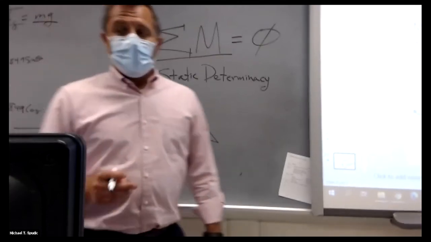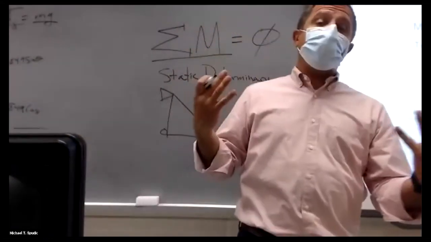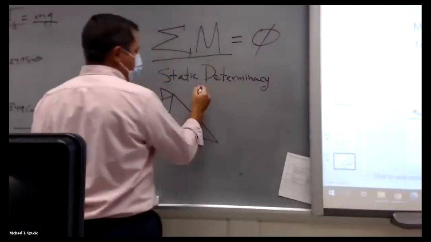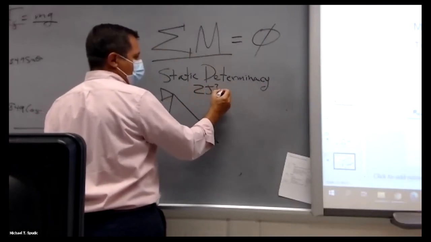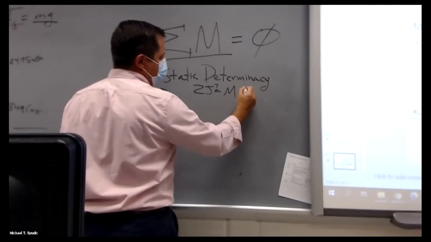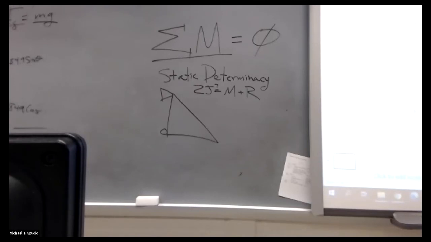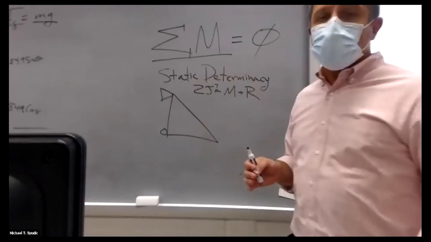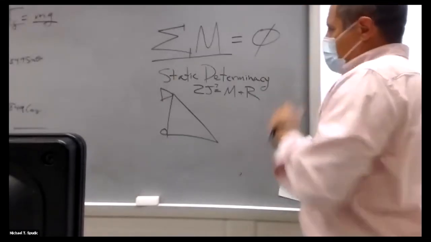The equation to figure out static determinacy is going to be this: two times the joints that you have, is it equal to the members plus the reactionary forces? Let me try it. So the equation is this. Is the left side going to be equal to the right-hand side? That's what you're always checking when we do this, and this is what you're going to be doing for your assignment. Okay. So this is what I have.